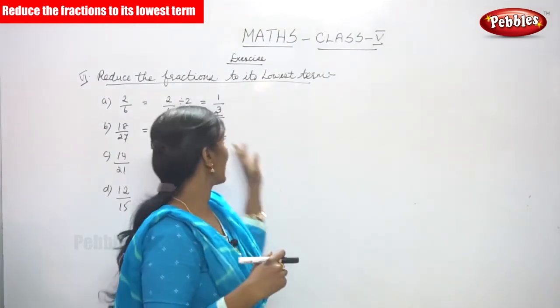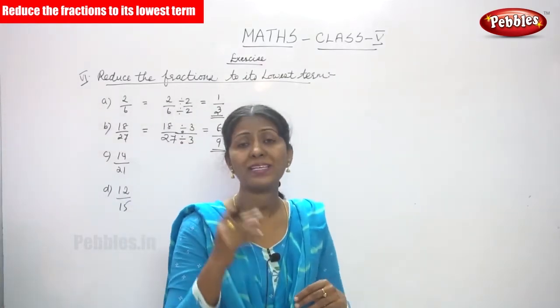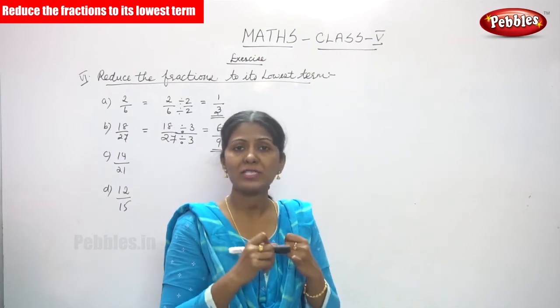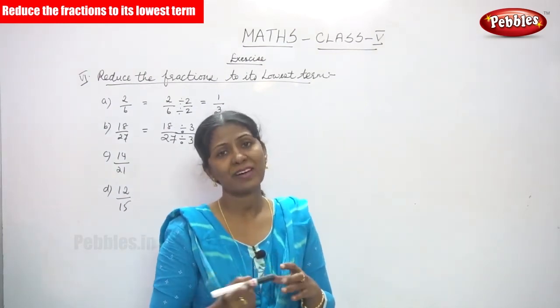So in this place I am going to divide. 2 by 6 is divided by 2 because 2 was the lowest term. So 2 is divided by 2 and 6 is also divided by 2. The common factor is 2.